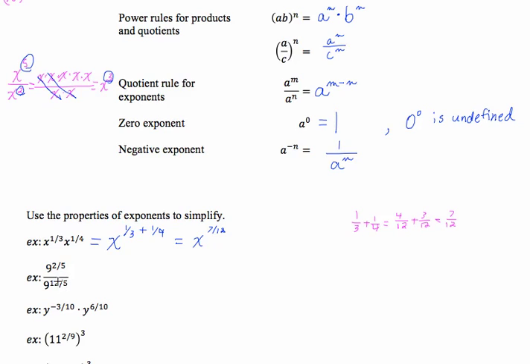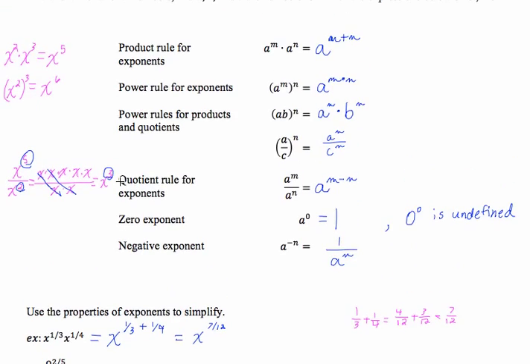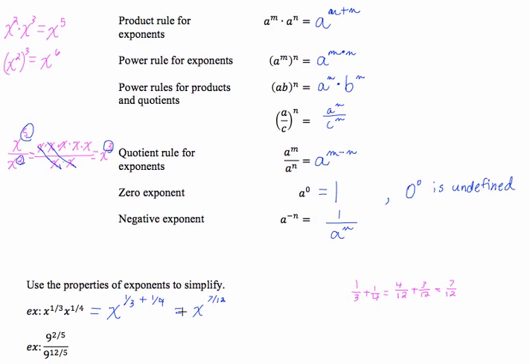Okay, next example, we have 9 to the 2/5 over 9 to the 12/5. They have the same base and 2 different exponents. So to simplify, we're going to use the quotient rule up here. Same base, right here, different exponents. So we would subtract those two exponents, the exponent in the numerator minus the exponent in the denominator.